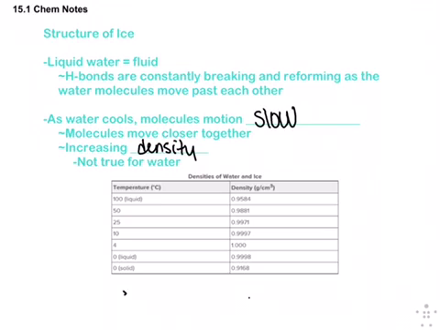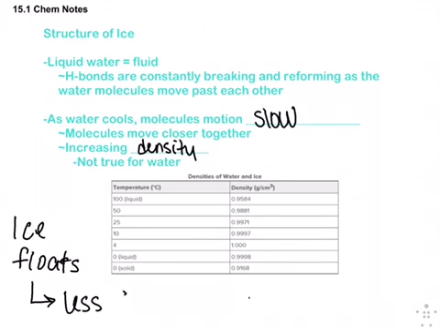Water is the one that breaks this rule. You know this because ice does what? Ice is frozen. You put ice cubes in a glass of water, what do they do? They float. Ice floats, and that is the observation or the indicator that it is less dense than the liquid.